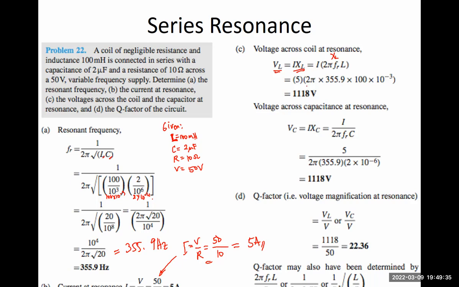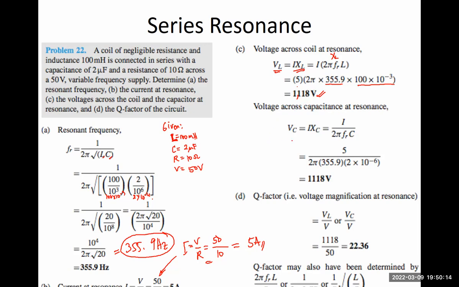So we have a current of 5 multiplied by 2 pi times 355.9, ito yung ating resonant frequency coming from here, multiplied by our inductance of 100 times 10 to the negative 3 Henry. So the voltage across the coil is equal to 1118 volts.